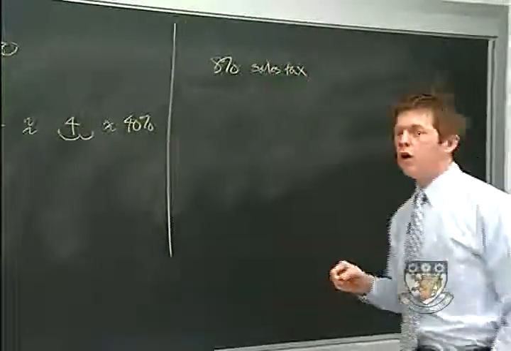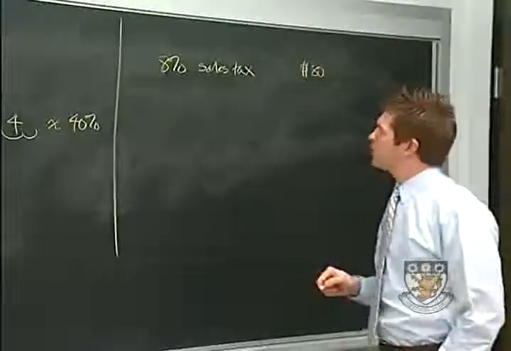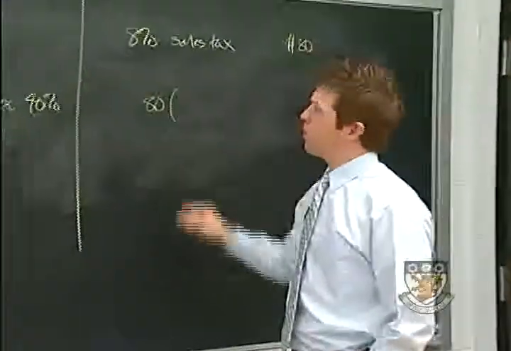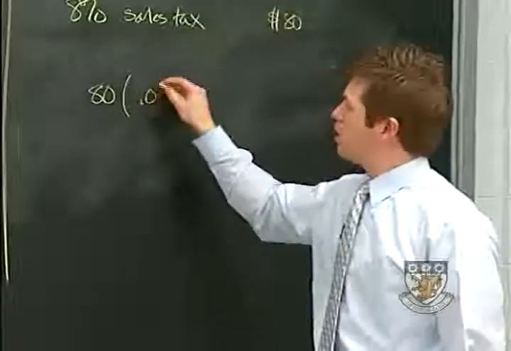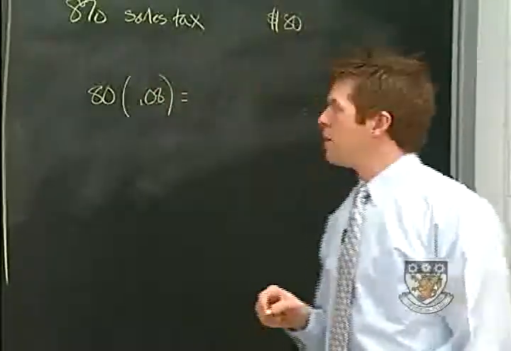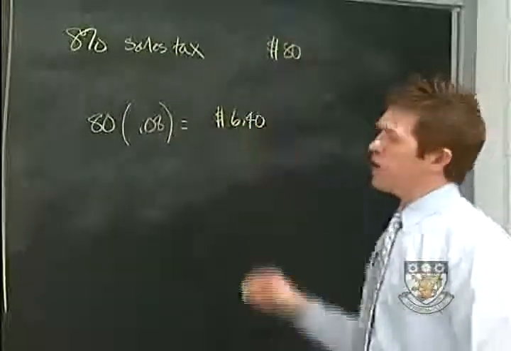The price of the coat is $80. So we then take $80, multiply by, remember, 8% as a decimal, 0.08, and find out what our value is. If you multiply that out, you'll get $6.40.